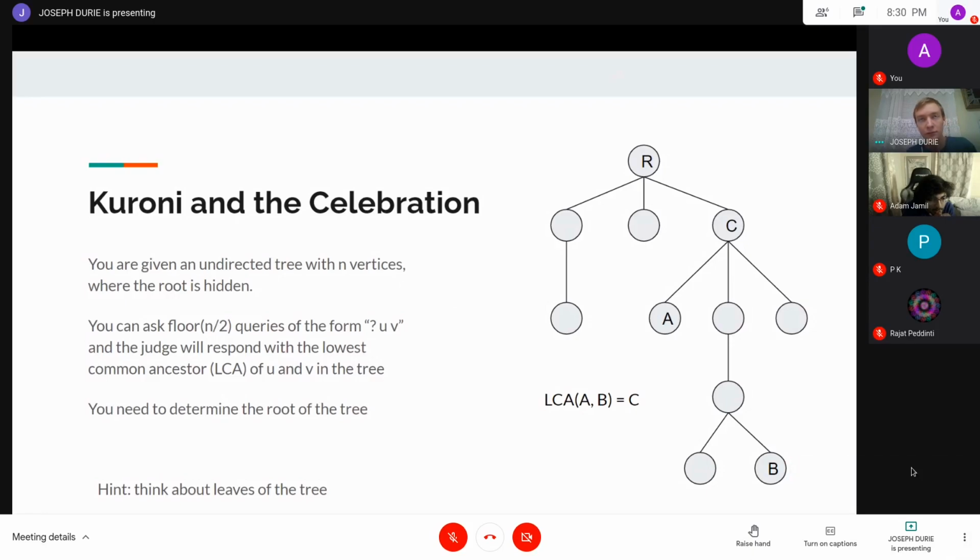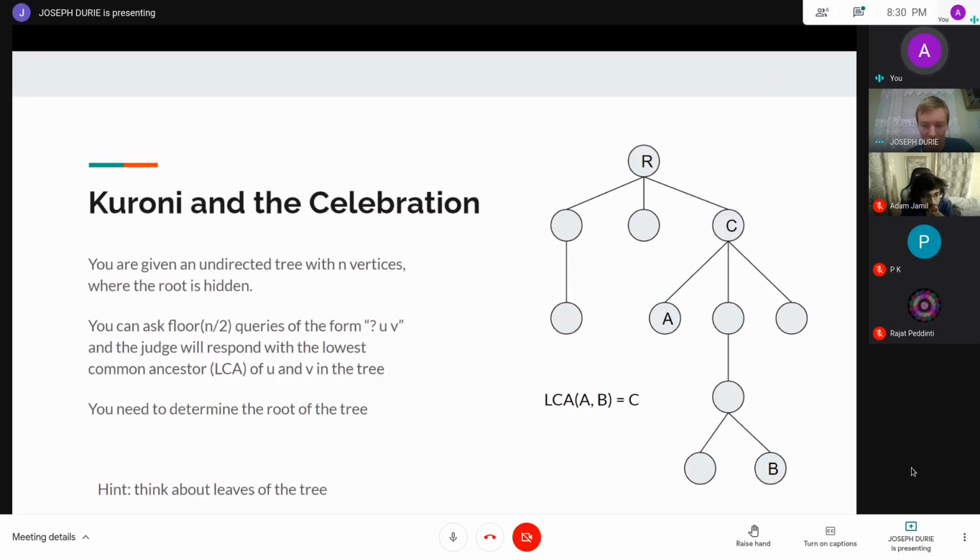Yeah, that's true. You can say an even stronger statement than just querying all pairs: if you also query all the leaves, you also get the root. That's the other thing.